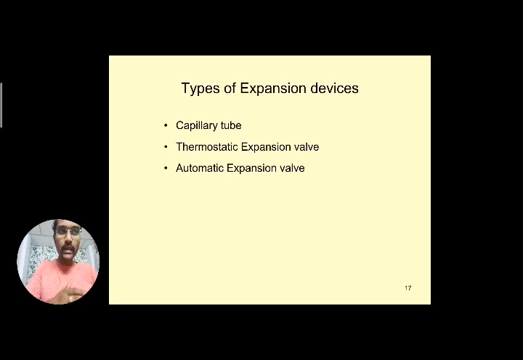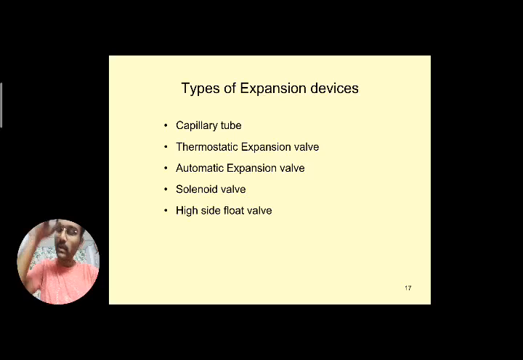Whereas for the higher ton capacity, like 1.5 ton, 2 ton, 3 ton, 4 ton, we mostly use thermostatic expansion valves or automatic expansion valves, the TEX, thermostatic expansion valve. The solenoid valve is also taken as one type of expansion device. Then the high side float valve.